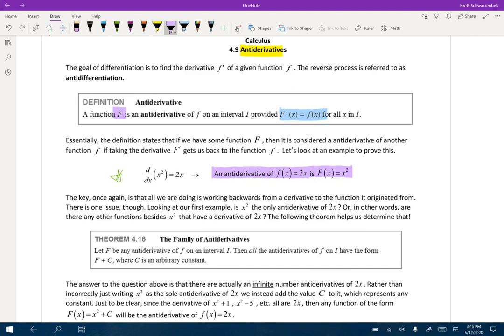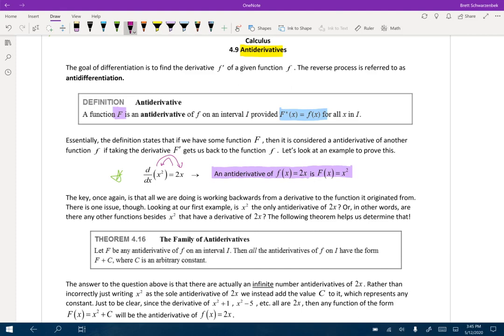If we know that the derivative of x squared is equal to 2x, then we know that the antiderivative of 2x is x squared. So derivative this way, antiderivative the other way. That's exactly what we're doing, basically. What you're going to have to do for the rest of the course is to mentally go the other direction.